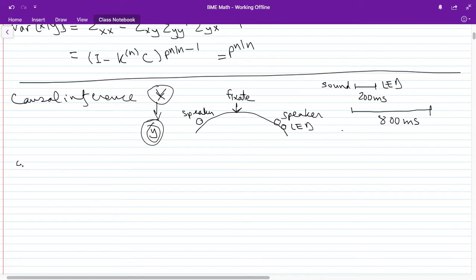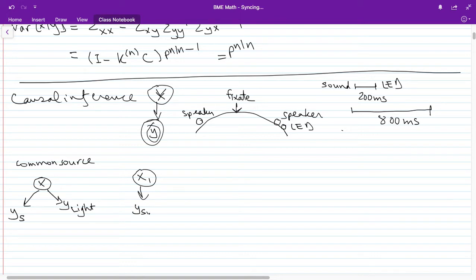There's a common source, meaning that the two sources of information that you're getting are close to each other. So I'm going to put the X like this. I'm going to say the same thing generates what you hear, the sound, and what you see, the light. Or these are separate things. There's something that gives you the light, something that gives you the sound.